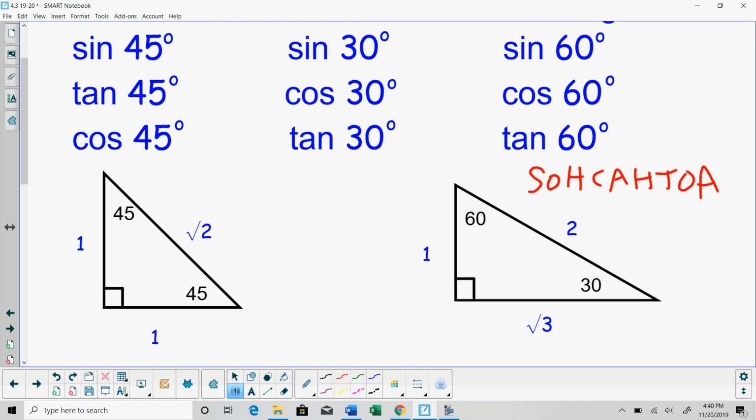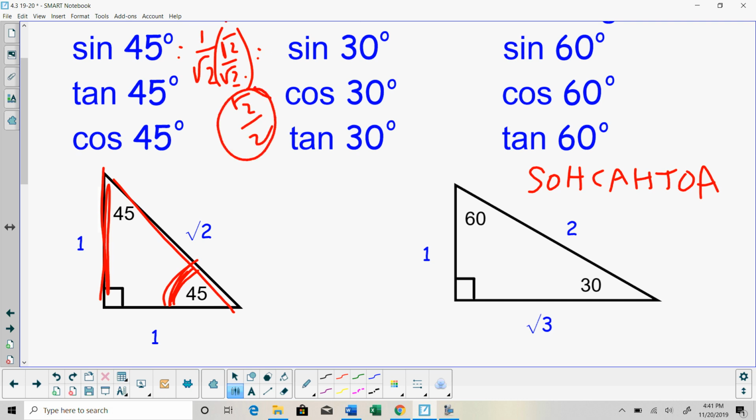So if I want sine of 45, let me just take this 45-degree angle here. Sine is opposite over hypotenuse, so the opposite side would be 1, and the hypotenuse would be square root of 2. So I need 1 over square root of 2. Now I'm not going to leave a radical in the denominator, so I'm going to multiply by square root of 2 over square root of 2, and I'm going to get square root of 2 over 2.